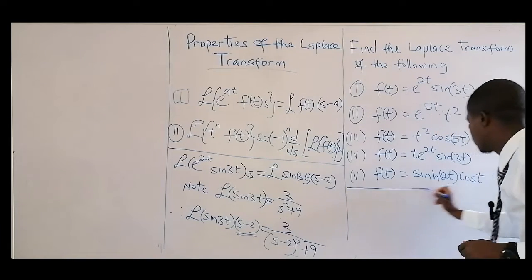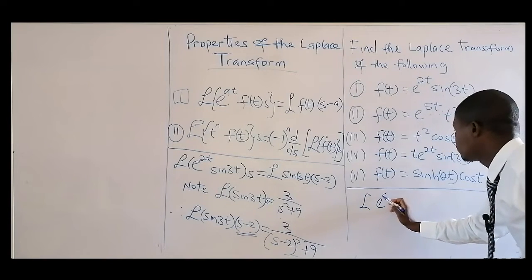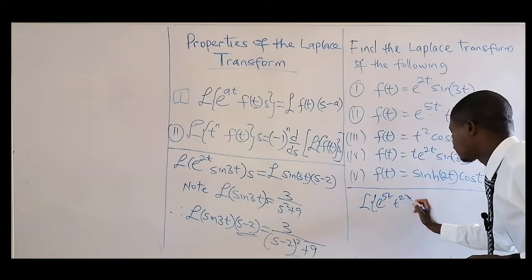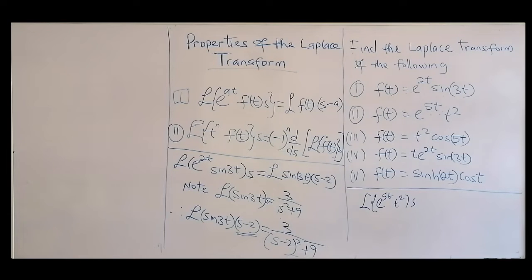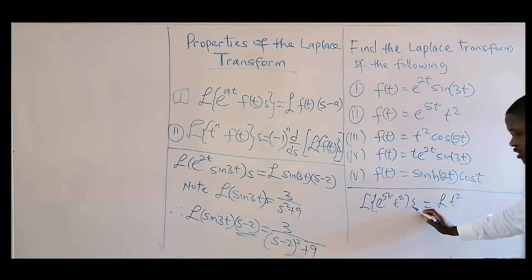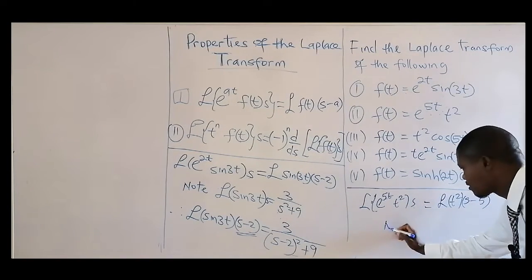You can also apply the first rule, which will be equal to Laplace of t squared, then your x domain will now become x minus 5. Laplace of this, your x domain will now become x minus 5.